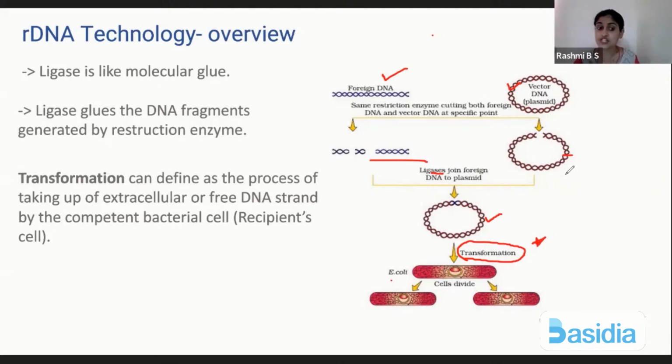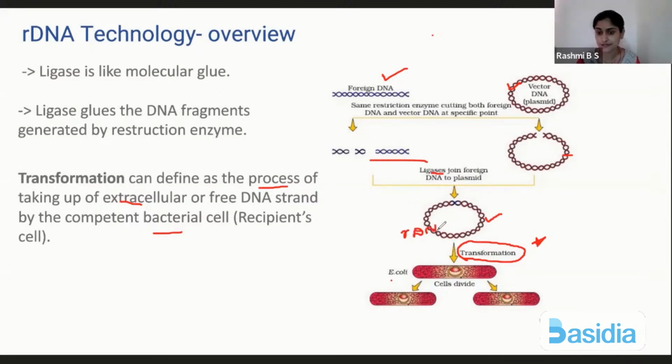What is transformation? Transformation is a process where a foreign DNA or extracellular DNA will be taken up by a bacterial cell. Foreign DNA will be taken up by a bacterial cell. Can you see here? Transformation is a process where a foreign DNA, now this is your rDNA, right?